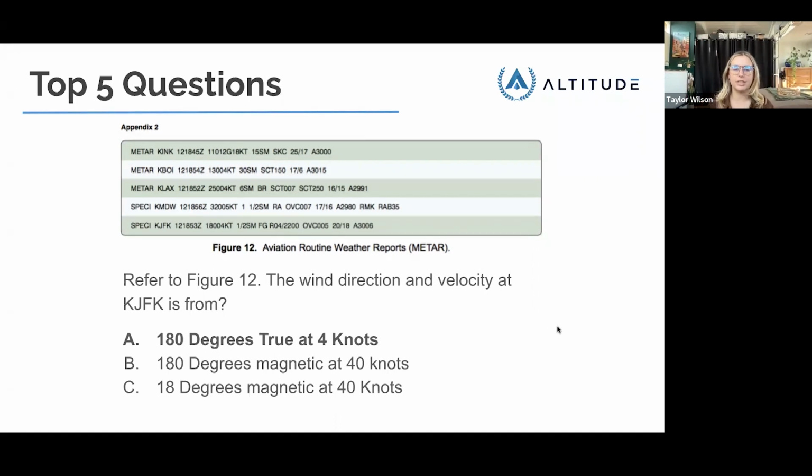All right, so our answer is A, 180 degrees true at 4 knots. That's where they get you sometimes, whether it's true or magnetic. They try to make some of the answers really close to each other, so you have to be really careful when reading the answers. But we're looking here at JFK, and the wind direction is 180 and the velocity is 4 knots.